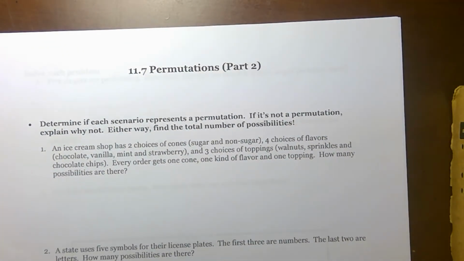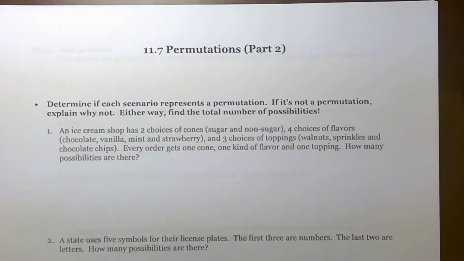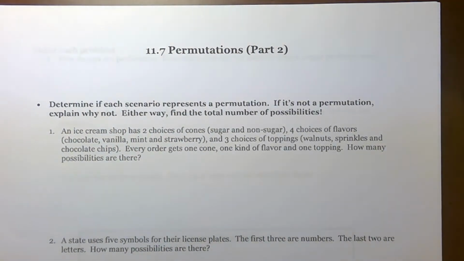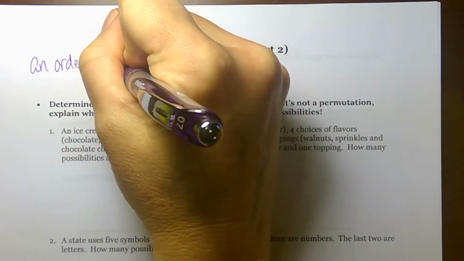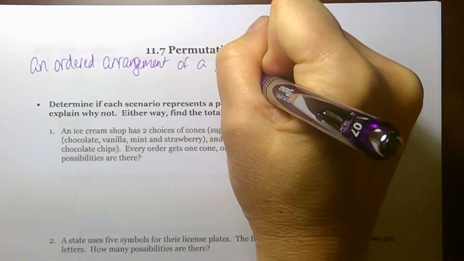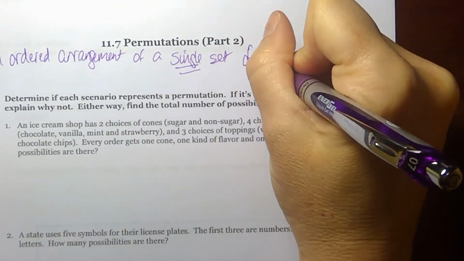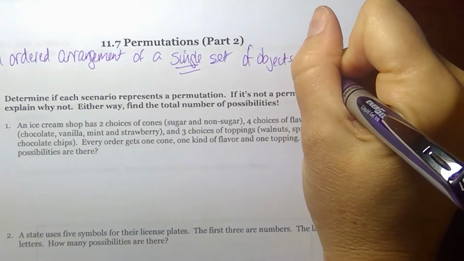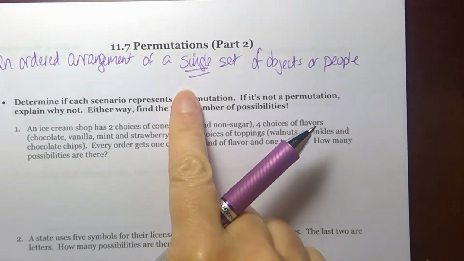Okay, the second part of 11.7 focuses, instead of on the fundamental counting principle, on what we call permutations. When I'm talking about permutations, I'm talking about an ordered arrangement of a single set of objects. An ordered arrangement of a single set of objects or people or choices or whatever I'm picking, symbols, numbers, I've just got one set.